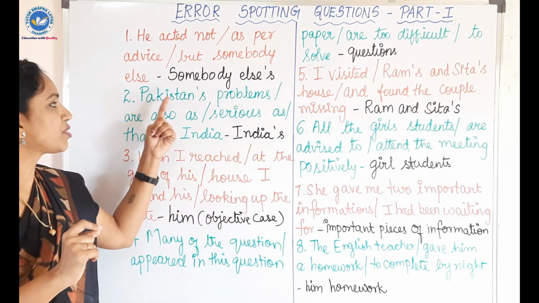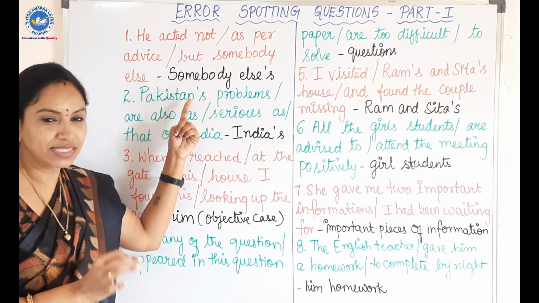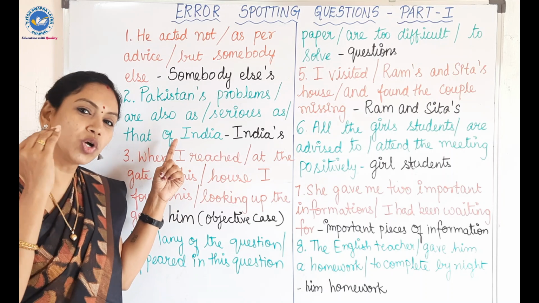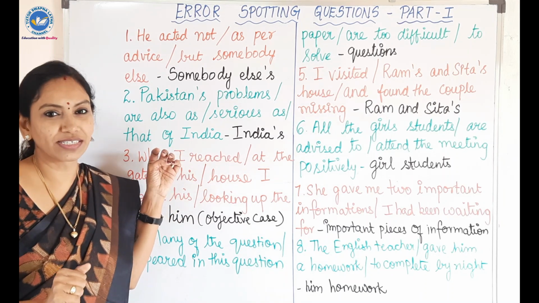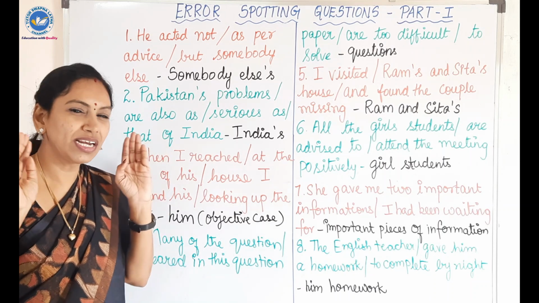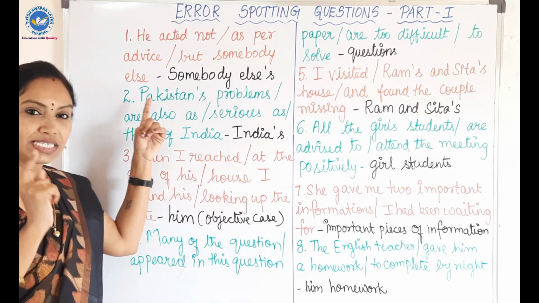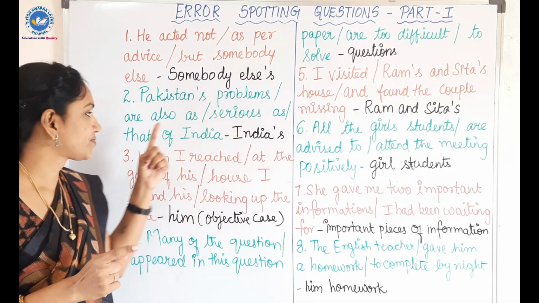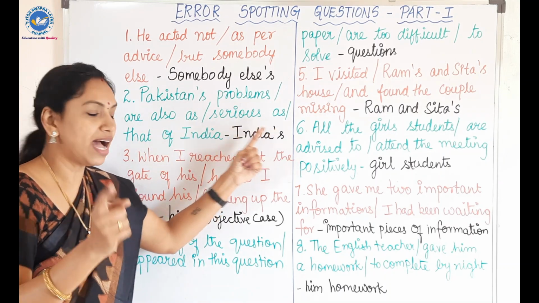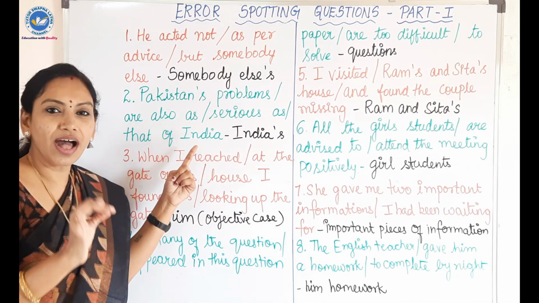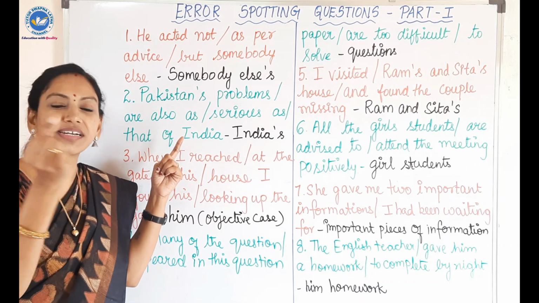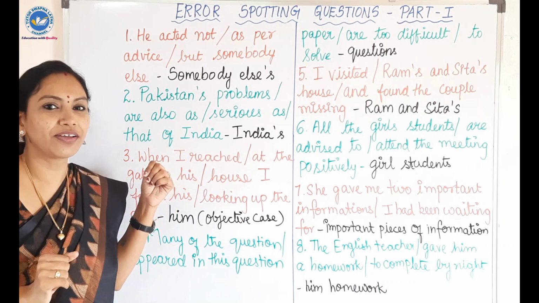If I am giving apostrophe S for Pakistan, I should give apostrophe S for India also, because both are nouns. Understood? Again, for you to write, I am repeating a little slowly: Pakistan's problems are also as serious as that of India. Here the mistake is that India has to be written with apostrophe S.